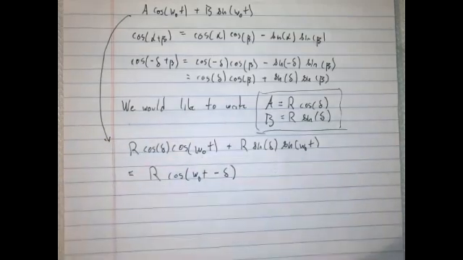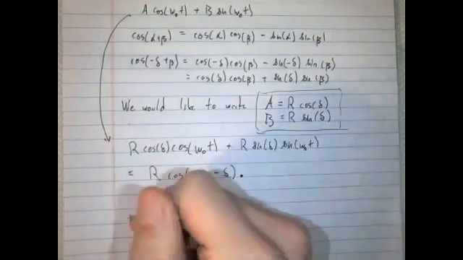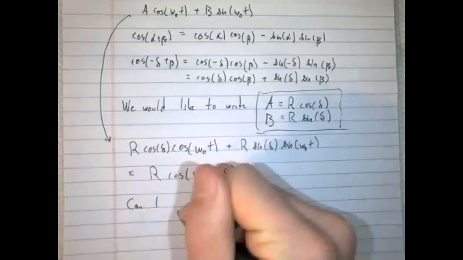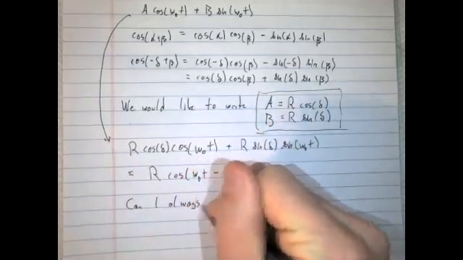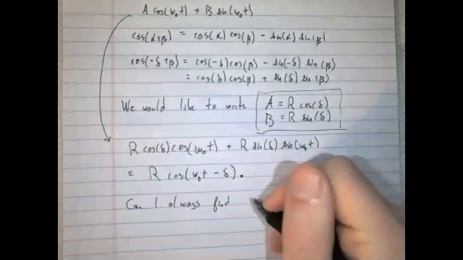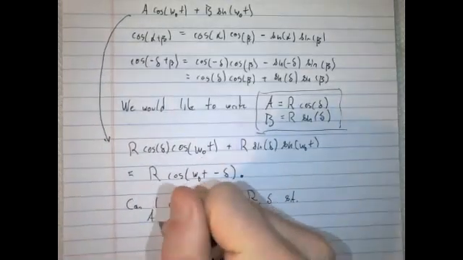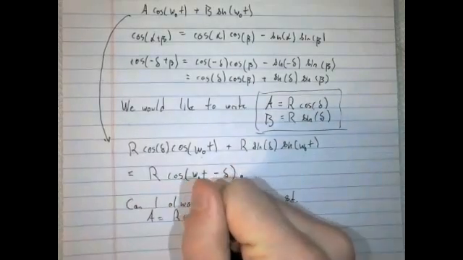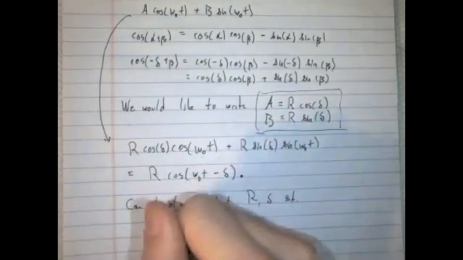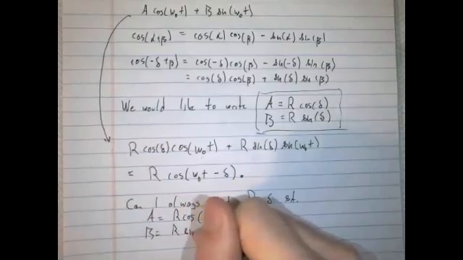Okay. Before I go further, I want to ask, can I always find R and delta such that A is equal to R cosine of delta and B is equal to R sine of delta?